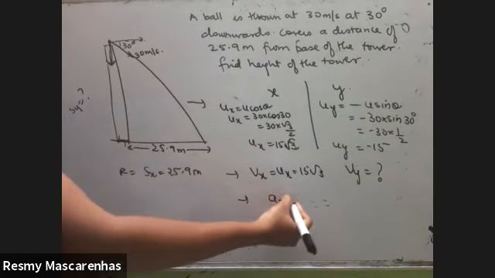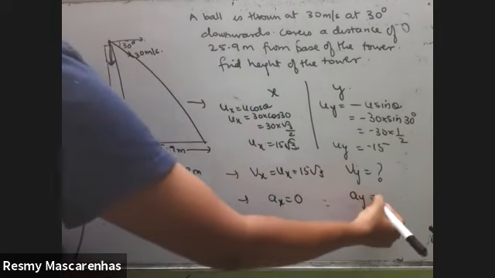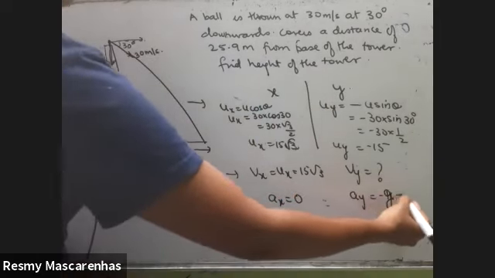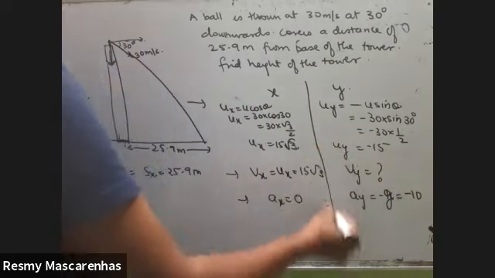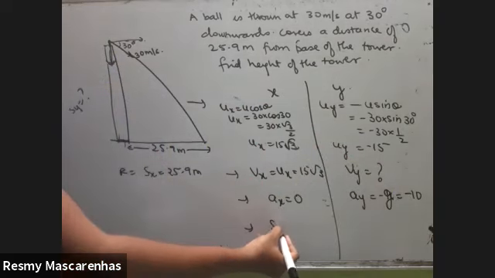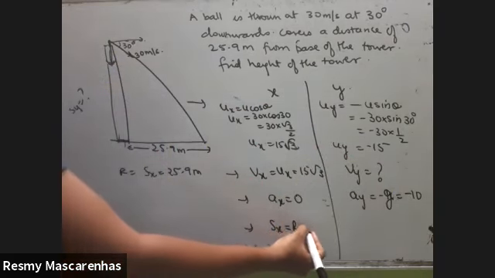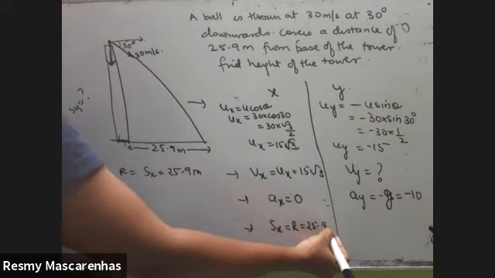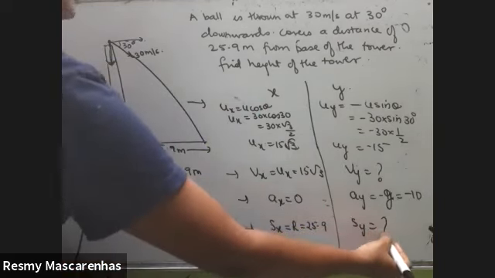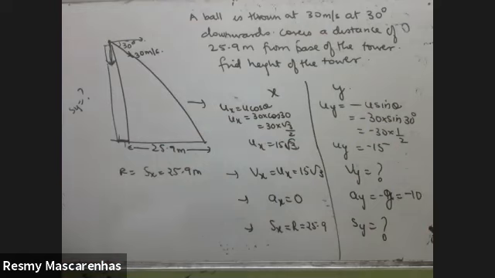Acceleration is 0. And last one, Sx, which equals R. Sy we don't know. So this is all the data which we know. My aim is to find the height of the tower.